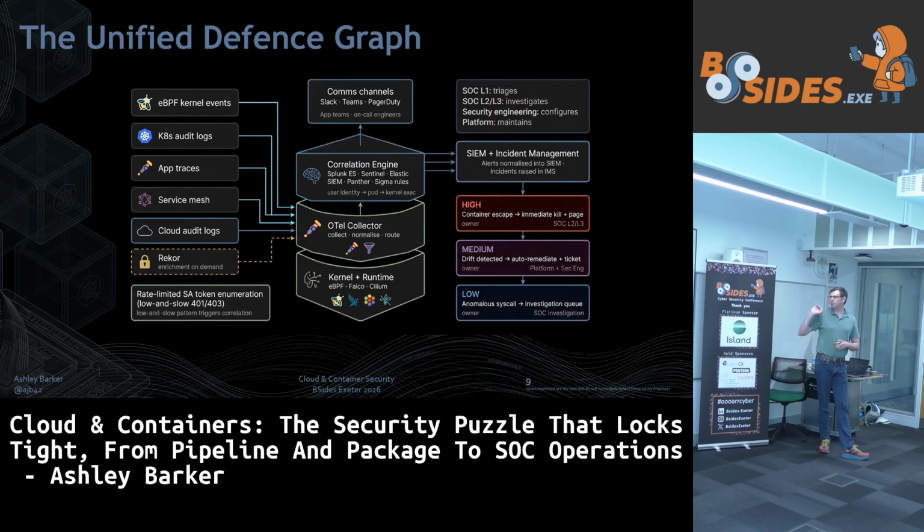And then we're going to pump the most important stuff, so not the actual raw logs, not the events. We're going to use some intelligence on top of that, so correlation engines, we take a pick, there's a lot of them, there's lots of different ones you can use. But you're taking the data from multiple of these points on the left. So has something happened at the kernel level?